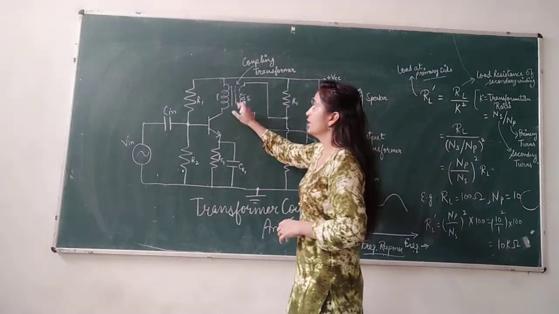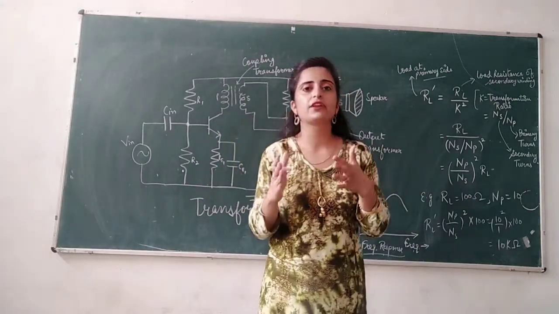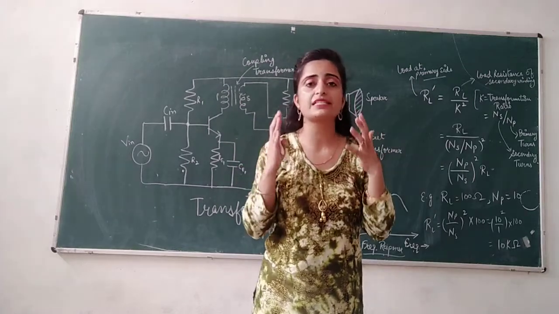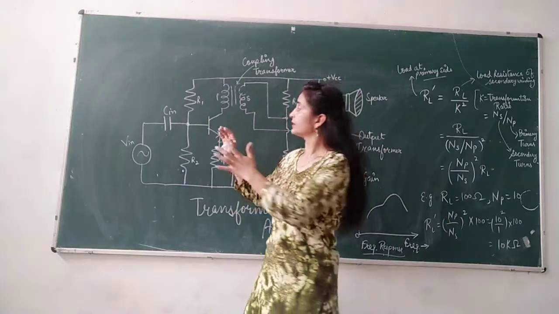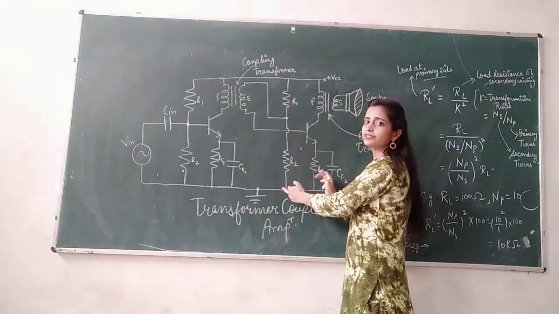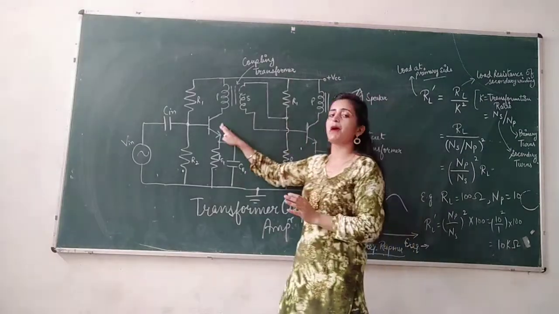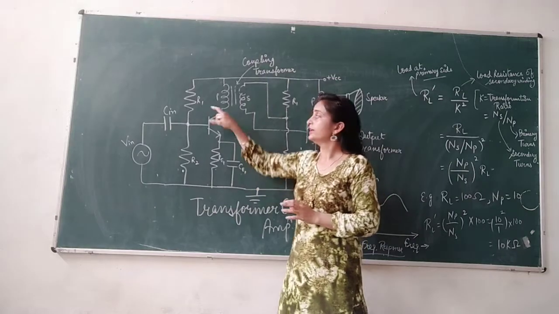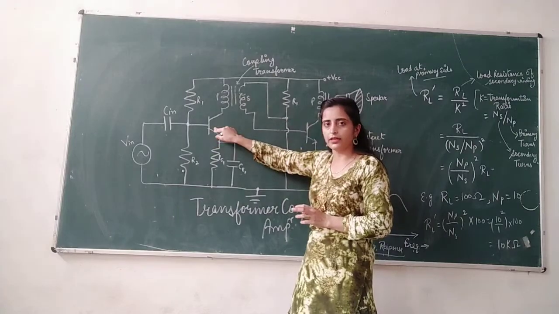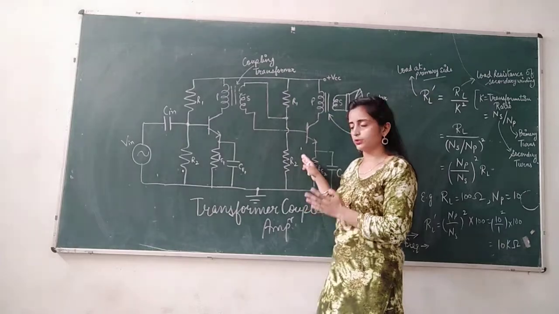So in this, the windings of the transformer, the turns of the transformer will be arranged in such a manner that the impedance of this circuit and the impedance of this circuit should be matched to each other. If they are matched, then only the maximum signal will be transferred from this circuit as an output to this circuit as an input.